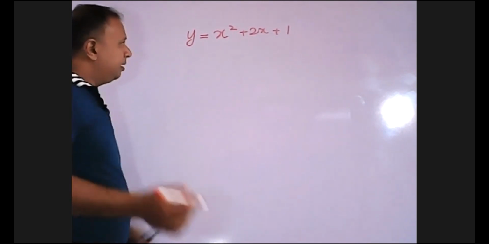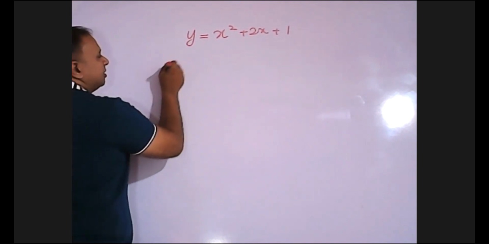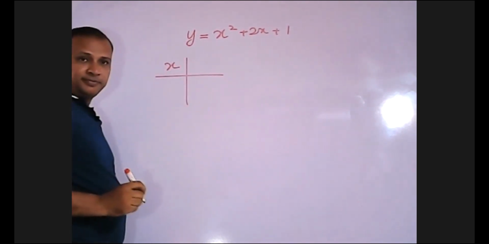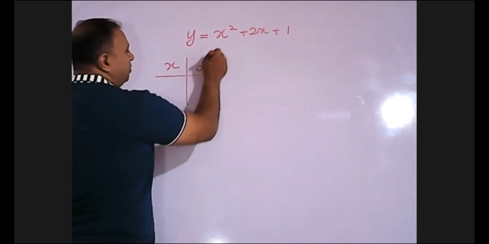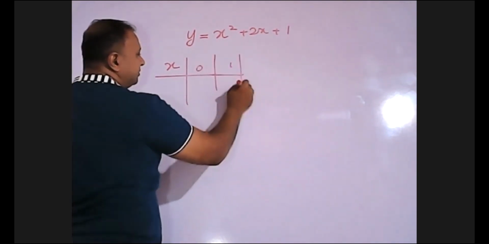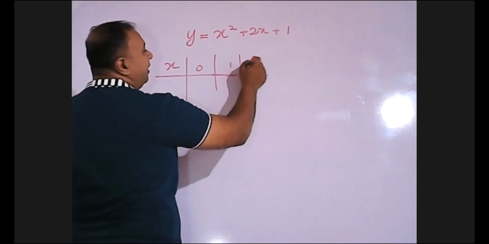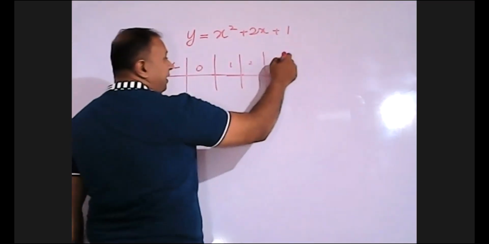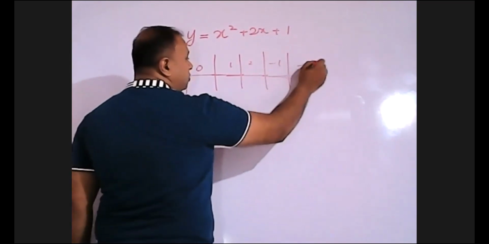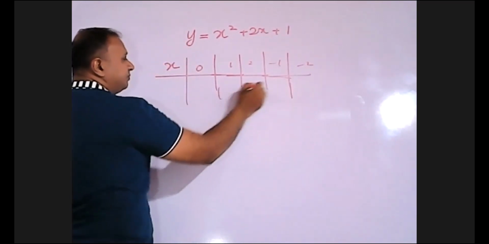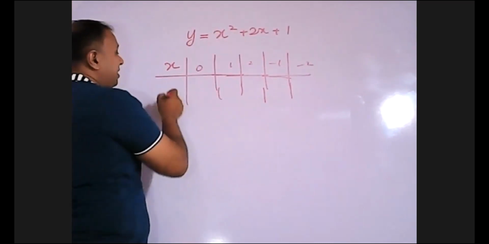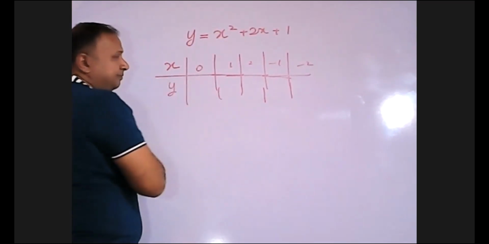Normally, you put some values for x: 0, then 1, then 2, as well as the minus side, -1, -2. Then you substitute those values into this equation and find the values of y.